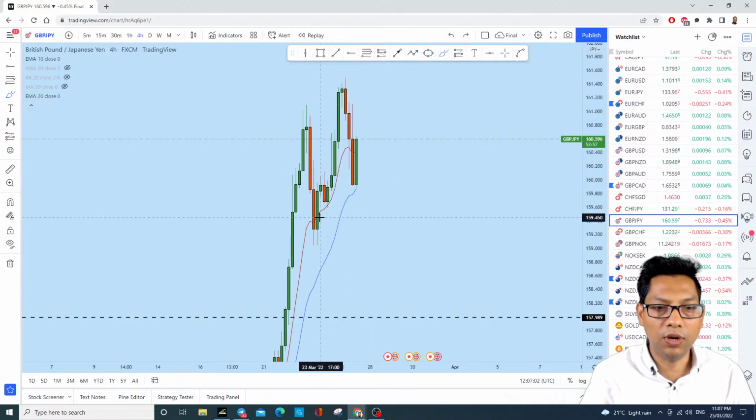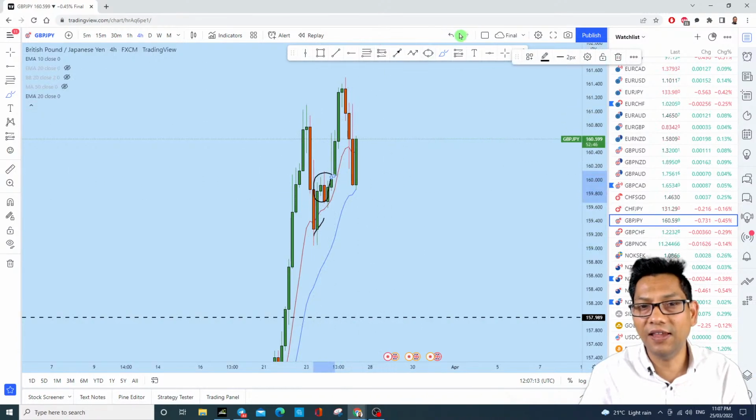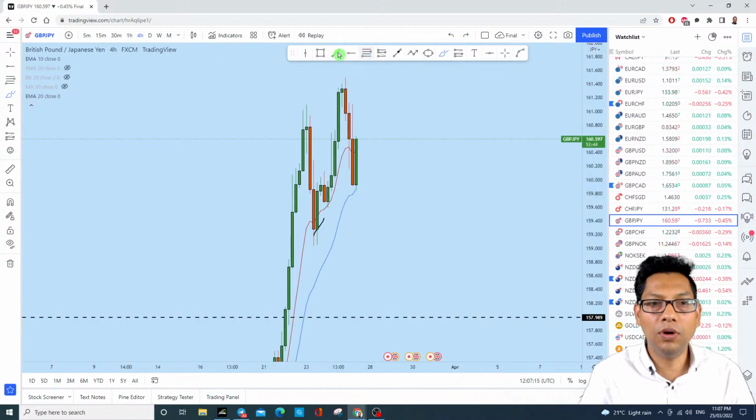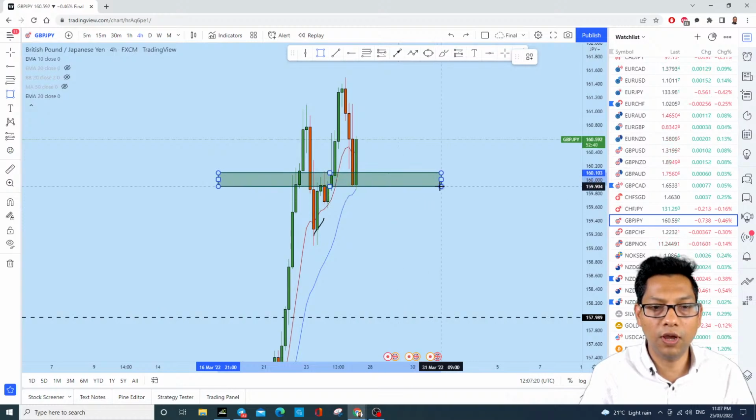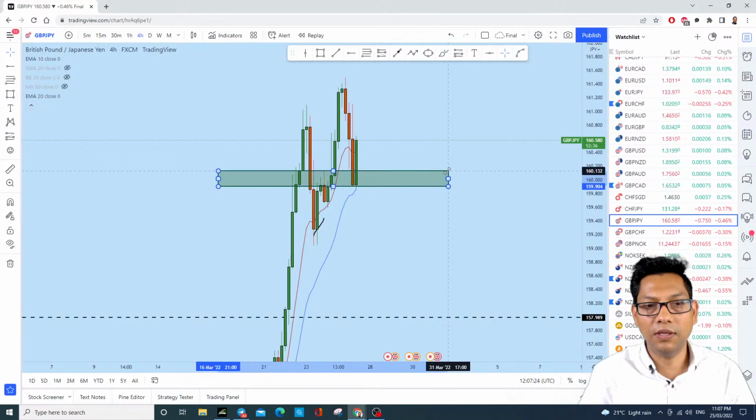Look at this back to back, how many green candles and just one red candle in the middle, which can give really good support for this candle. If you draw a level of support, this is the support that can be traded.